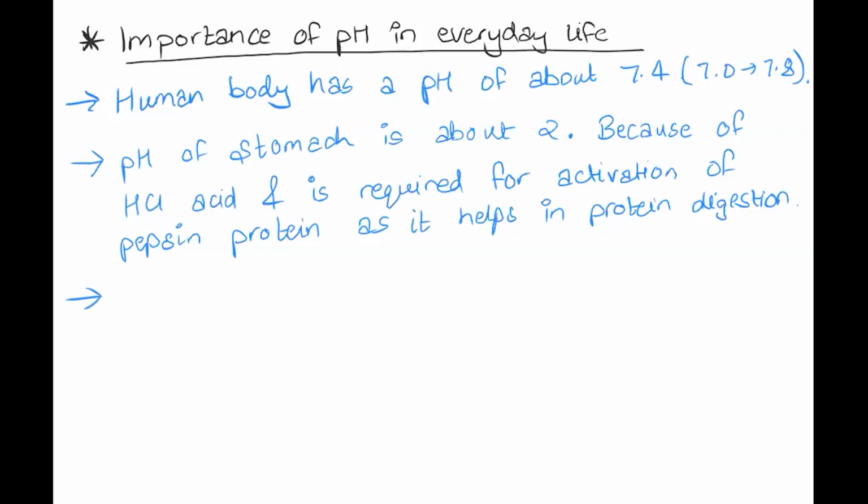Krish Kumar wants it. So we all know that hydrochloric acid is secreted in our stomach, so that's why the pH is 2 in the stomach. Now, why is this hydrochloric acid secreted? This is because it is required for the activation of pepsin, which is used for the digestion of proteins.